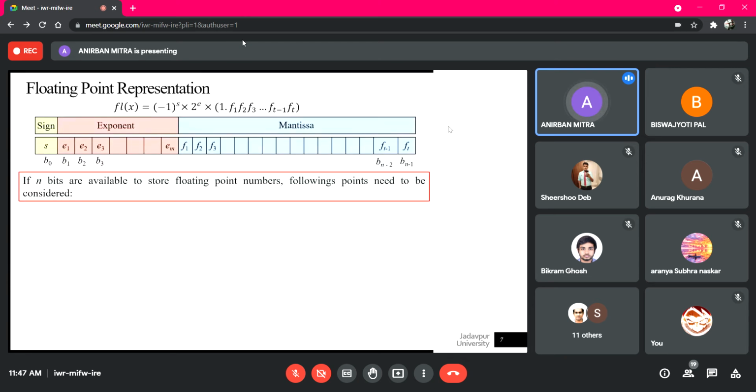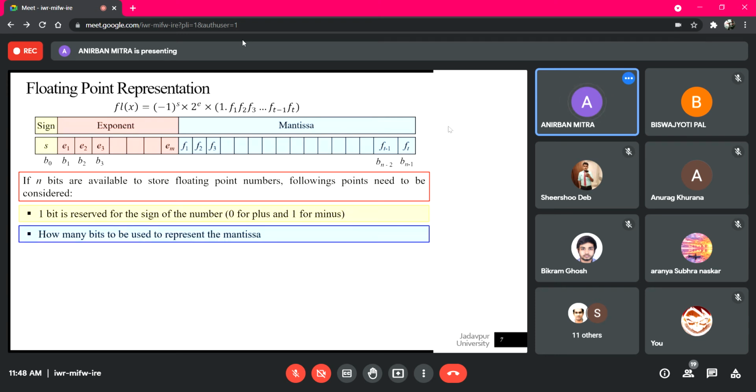So if n bits are available to store floating point numbers, certain points need to be taken care of. First of all, the sign is straightforward. There are no complications or ambiguities. Here we have one bit: 0 for plus and 1 for minus.